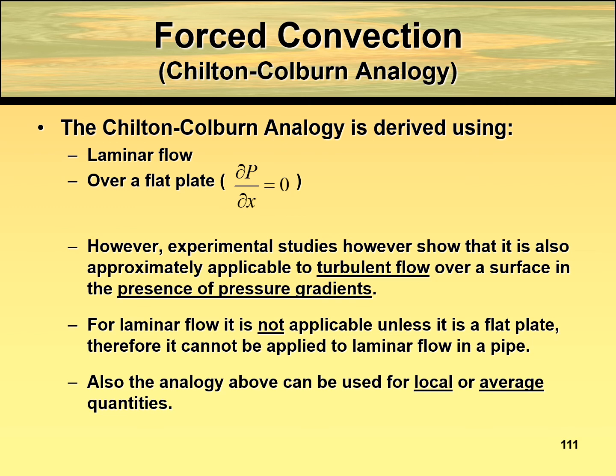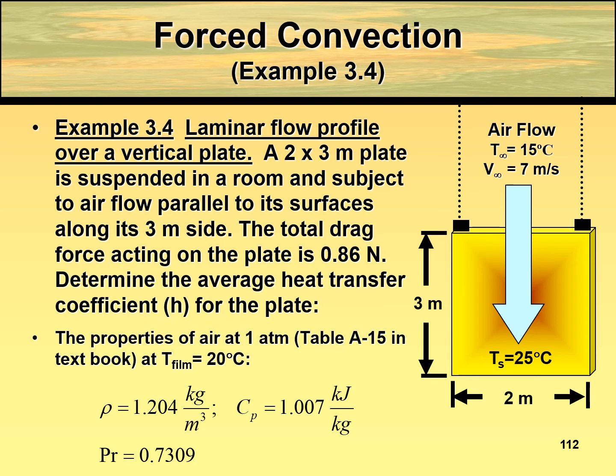For the laminar flow, it is not applicable unless it is for the flat plate, because the correlation is based on the Nusselt number derivation. So the analogy above can be used for the local and average quantities. Thus, if we do the experimental work on the flat plate, we can calculate the drag force and then correlate it with the Nusselt number.